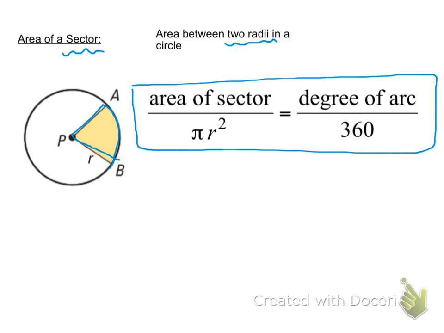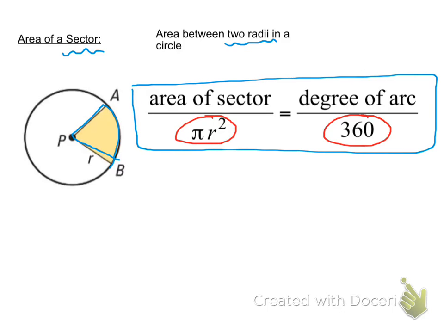To understand this proportion, let's break it down a little bit. Here is pi r squared. That's the area of a circle, the total circle. And here on the bottom is 360, the total degree measure. How we're going to find the area of the sector is pretty simple.